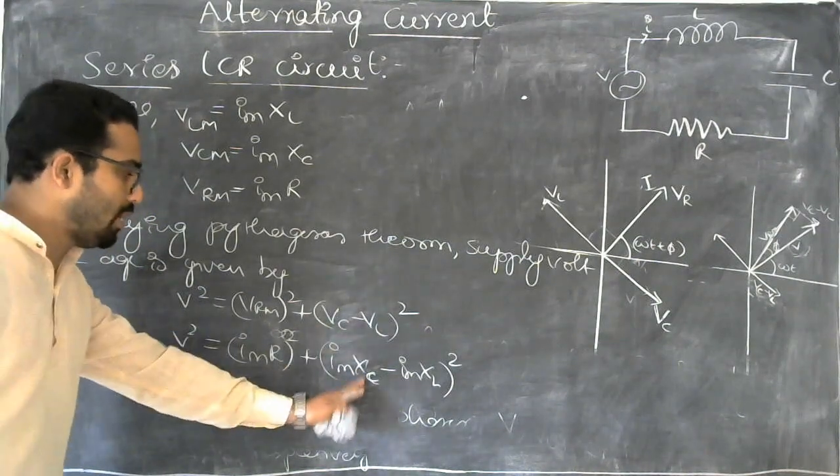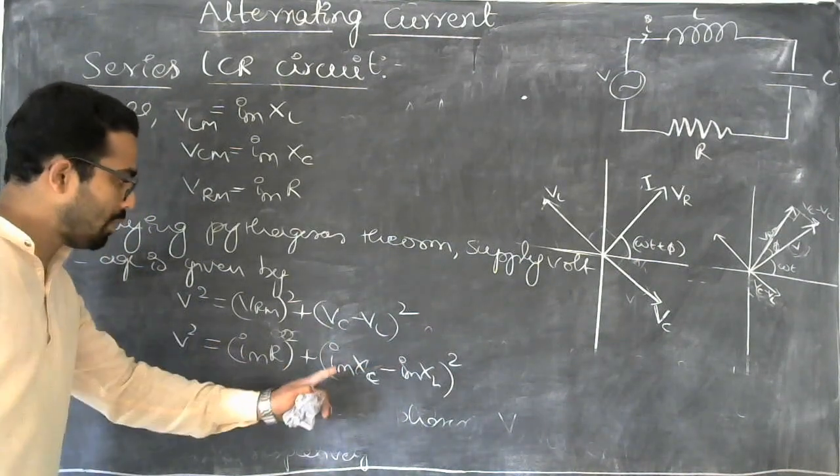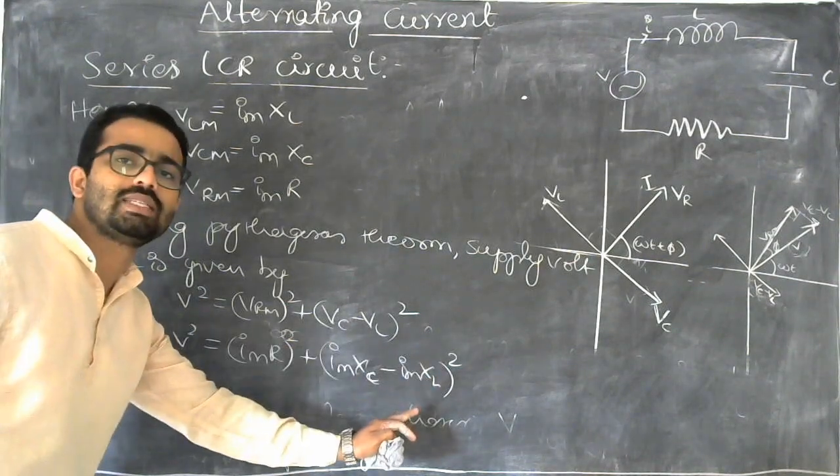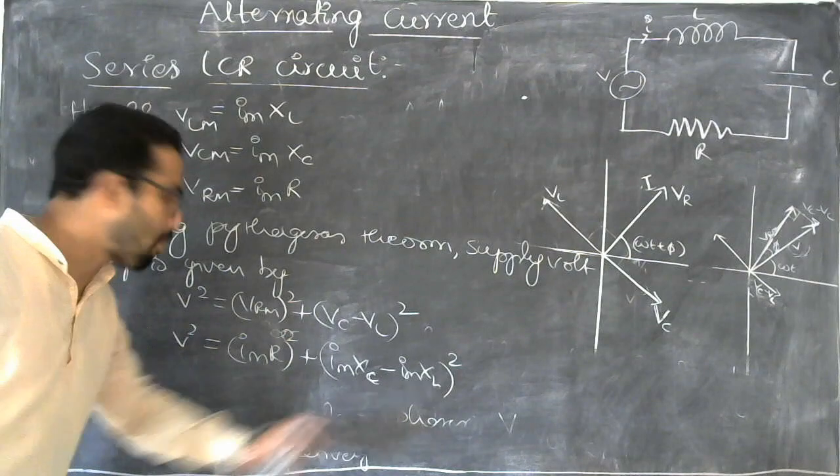Again, you should write the remaining in the same form, that is, in the (a minus b) whole square format.